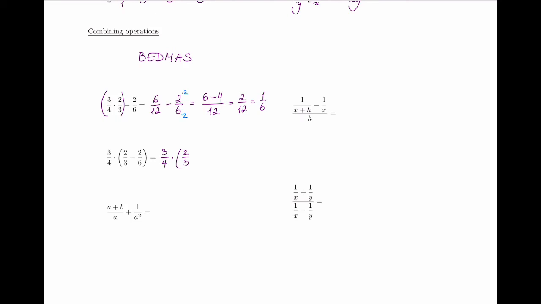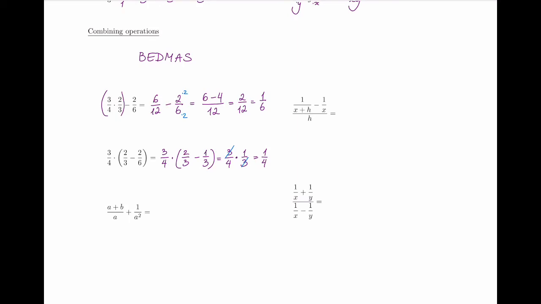Because notice that I'm going to have 2/3 minus 1/3. Whereas here, these two did not have common denominators yet, because that's how they looked, here they do. So I can skip the step of finding common denominators, because they are already the same. 2/3 minus 1/3 is 1/3. I can cancel the two 3s, and I'm going to end up with 1/4.